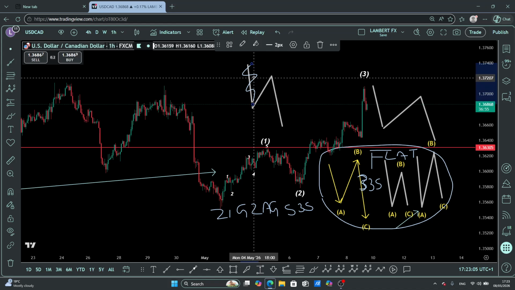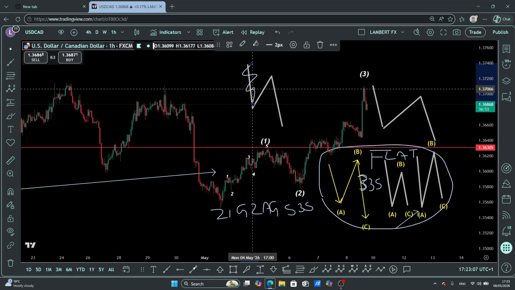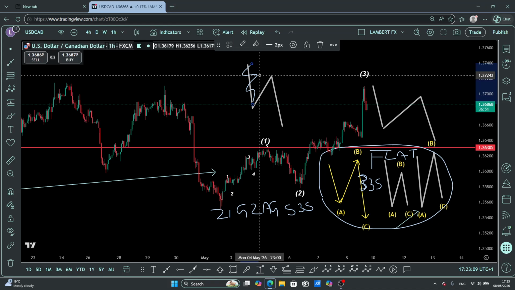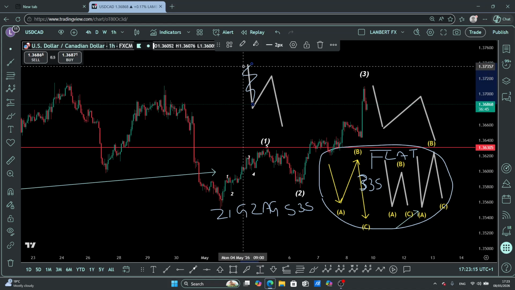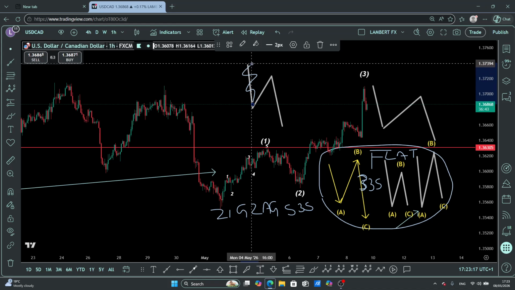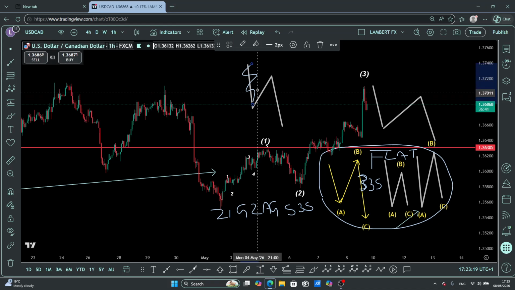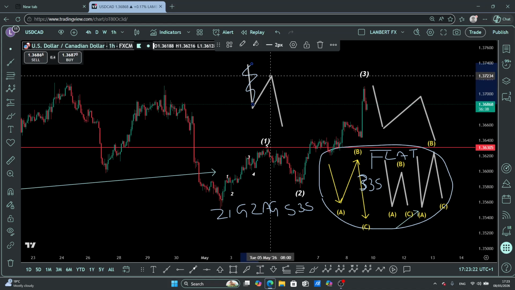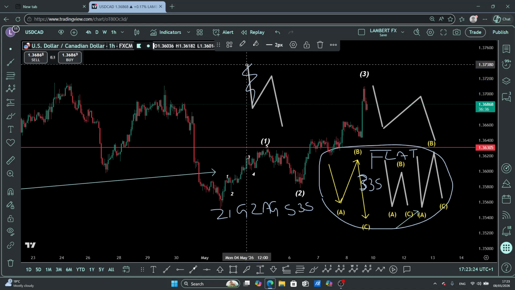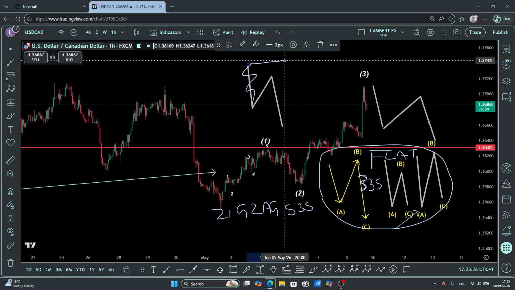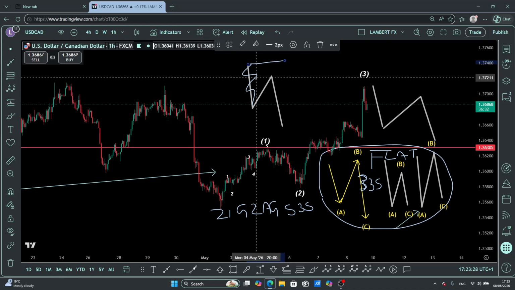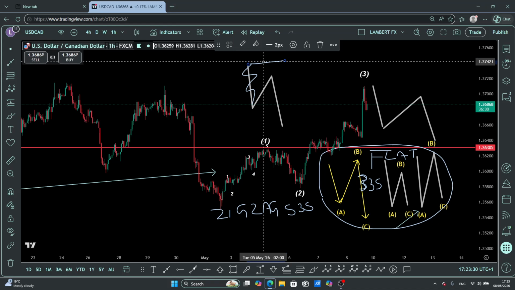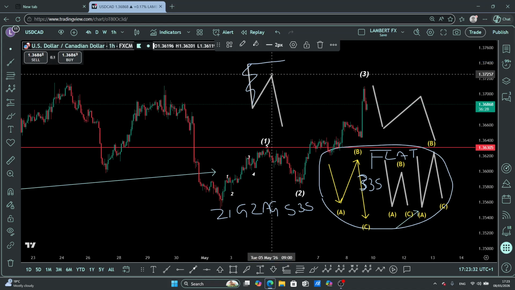And this 5 leg has a rule, just like an impulsive move: the 3 has to be the biggest move, and the 2 must not go below or above where the 1 started from. Those are the rules. And the B must not cross above the top where the 5 leg down started from. This B leg should not go above it.